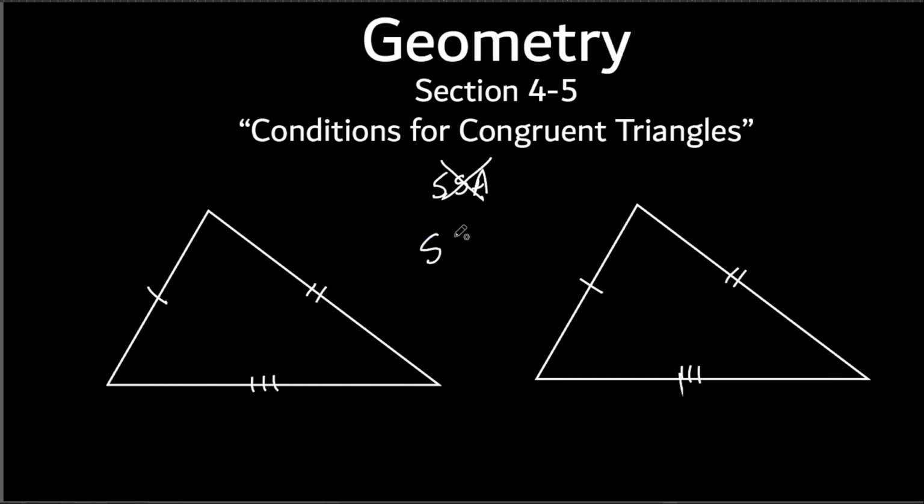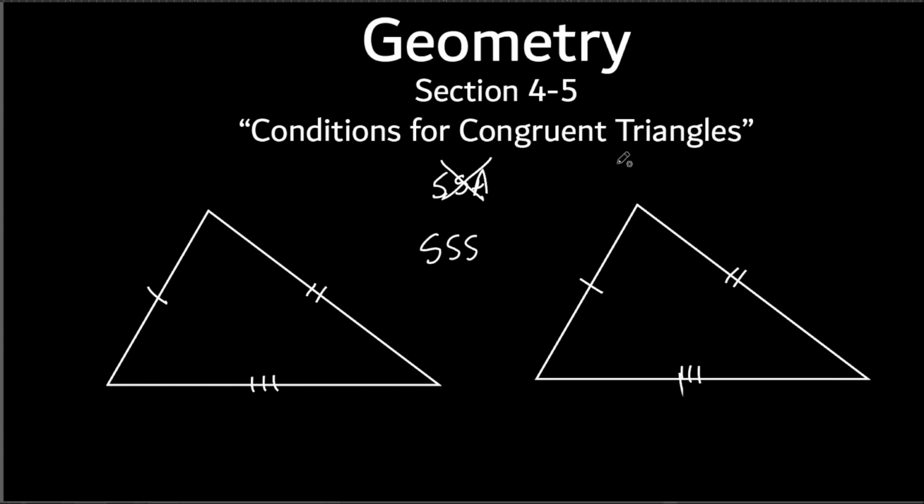There's no angles. I didn't mark any angles. And I know what you're doing. You're just trying to get me to say that. I get it. But I'm not going to. So this is side, side, side. And so that's a fourth way that we can show that triangles are congruent to each other. If I can show all the sides congruent, then there we go.